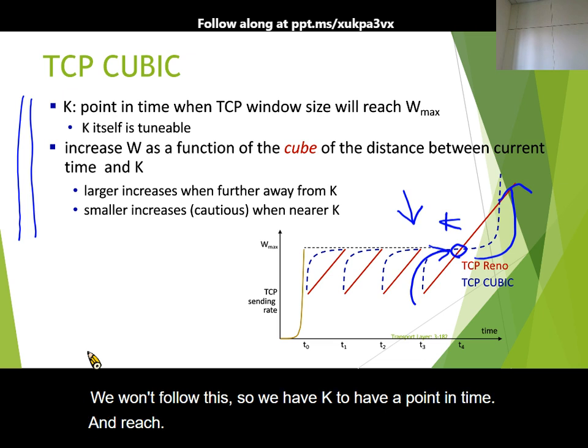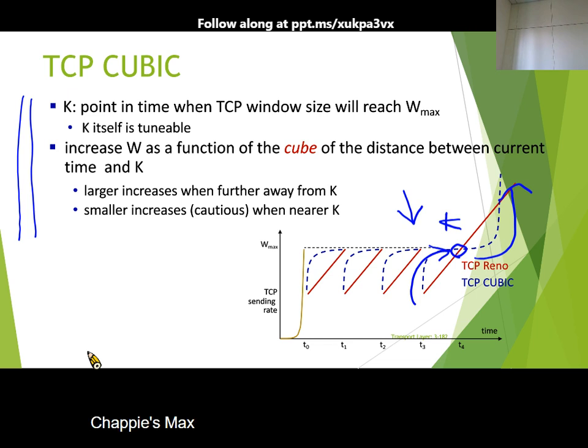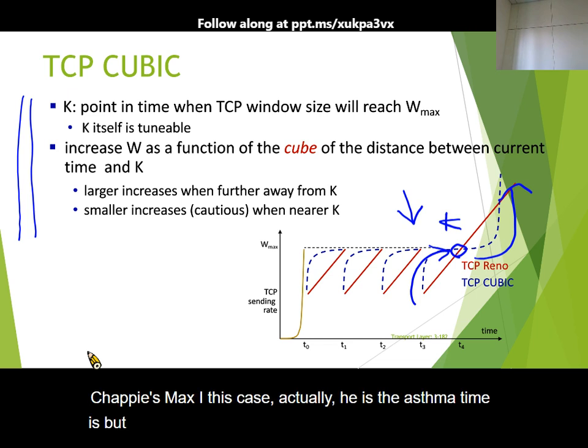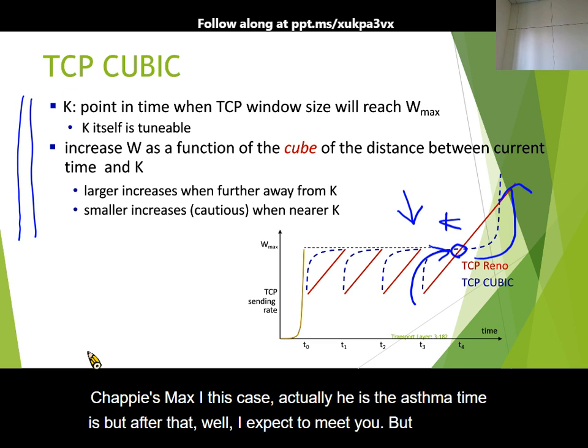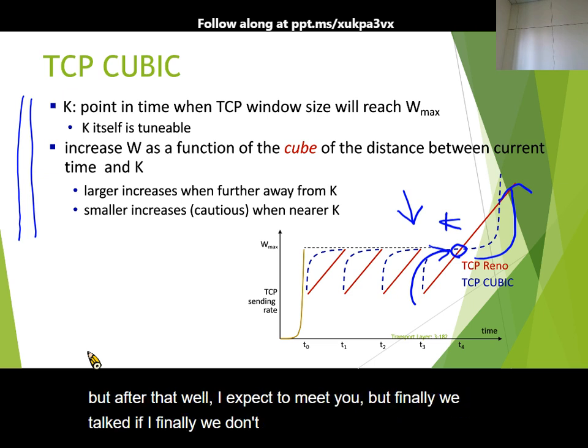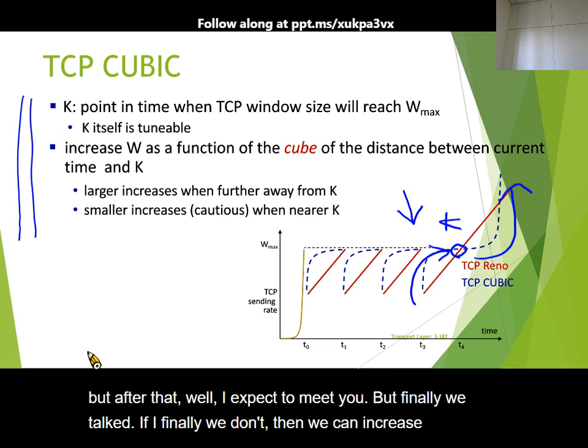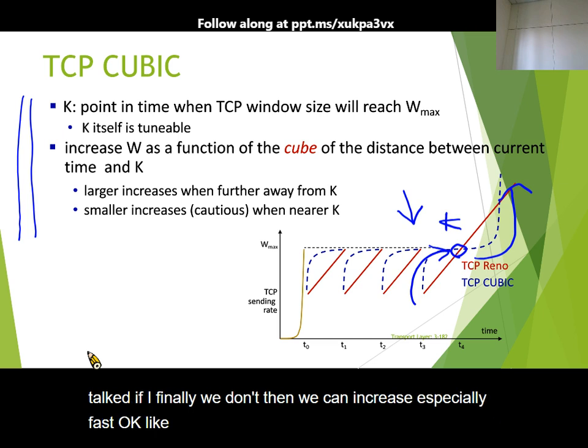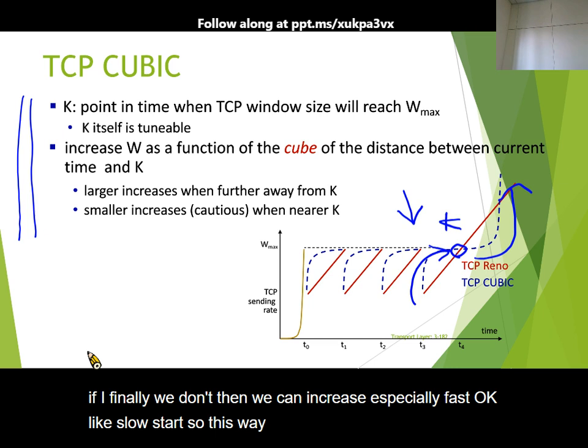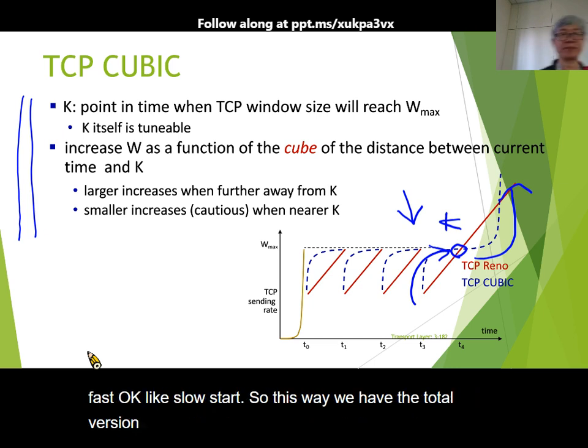This K is the estimated time instant. After that, I expect to reach it, but if finally we don't, then we can increase exponentially fast again, like slow start. This way we have the total version for TCP CUBIC.